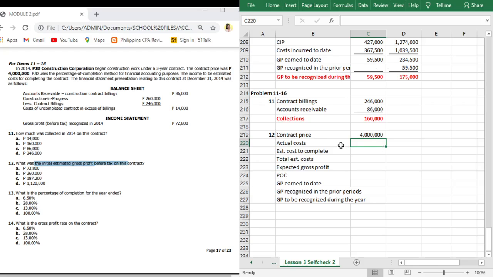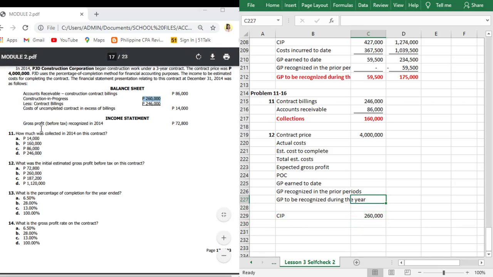Okay. So, how much is our actual cost? Didn't they give the construction in progress? In construction in progress, there are both the actual cost and gross profit. Now, since the construction in progress is 260,000, how much is our gross profit? The gross profit recognized was 72,800.